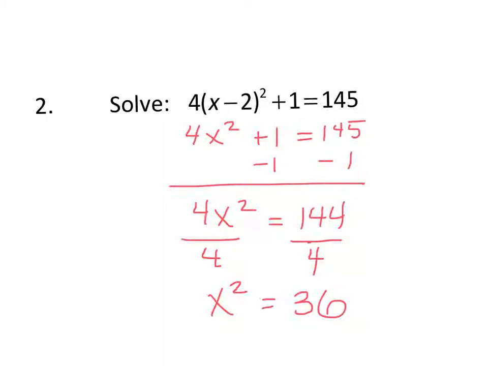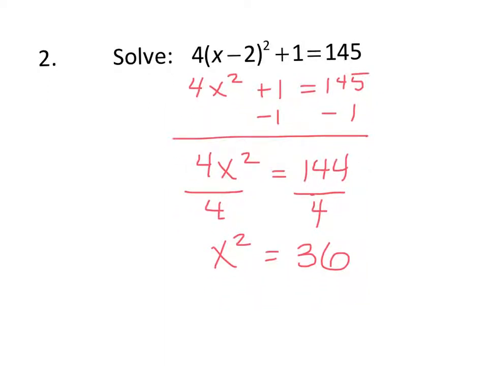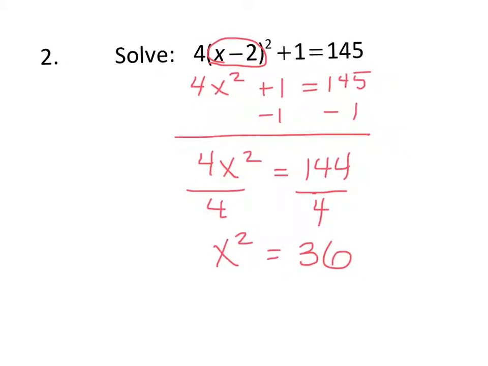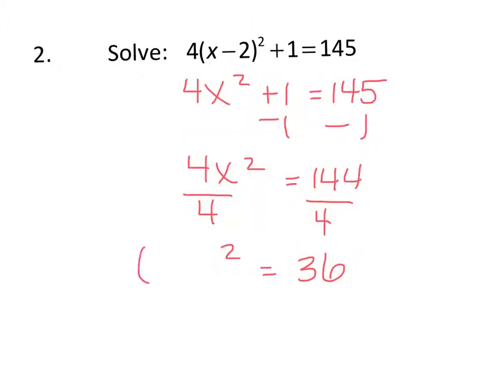Okay, so now we've got x squared equal 36, but remember we replace the x squared with the x minus 2. So now instead of x squared, we're going to write x minus 2.